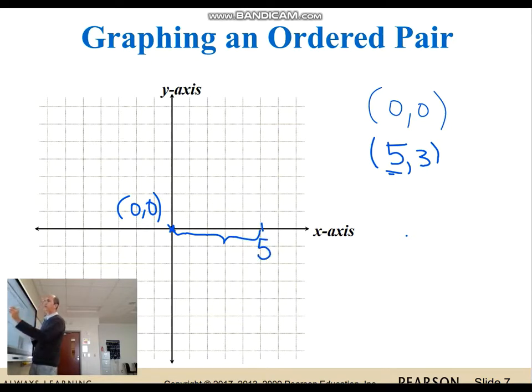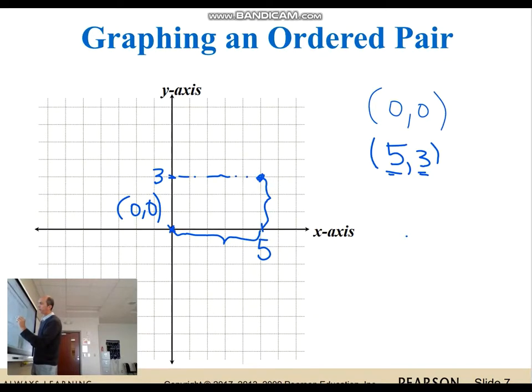And now we move, this is the y coordinate, the second number of the pair. We're going to move 3 units up. 1, 2, 3, here. And the point with the ordered pair 5 and 3 is this one right here.